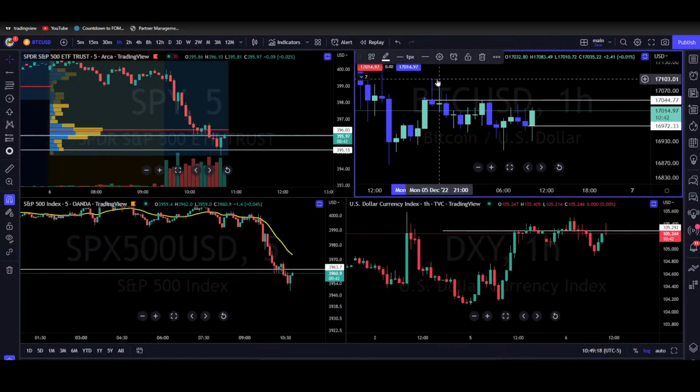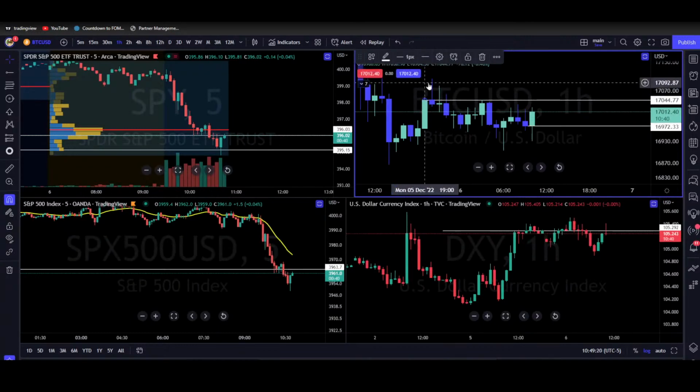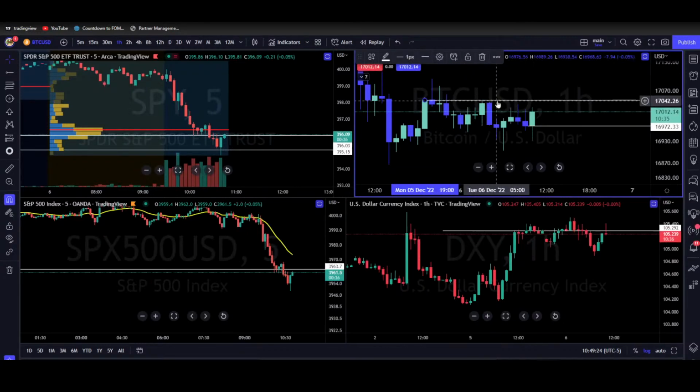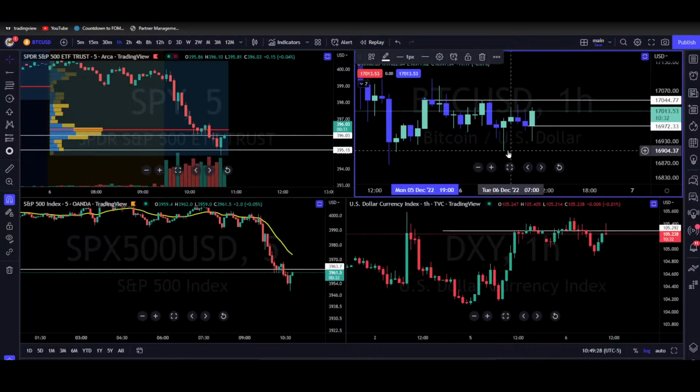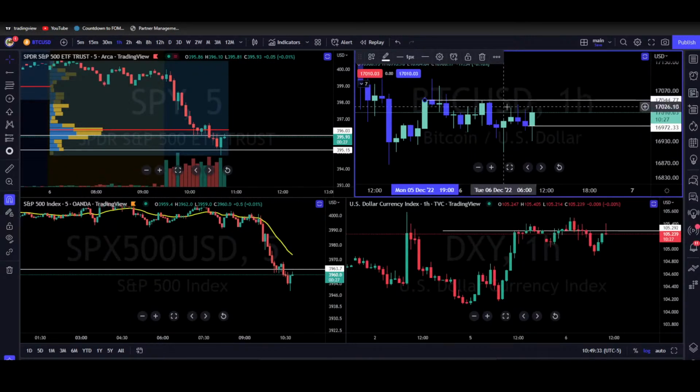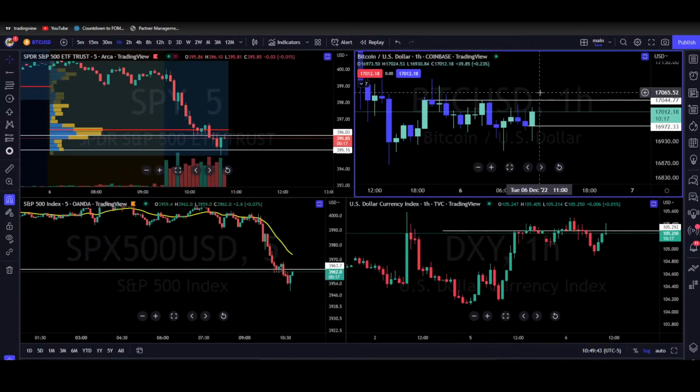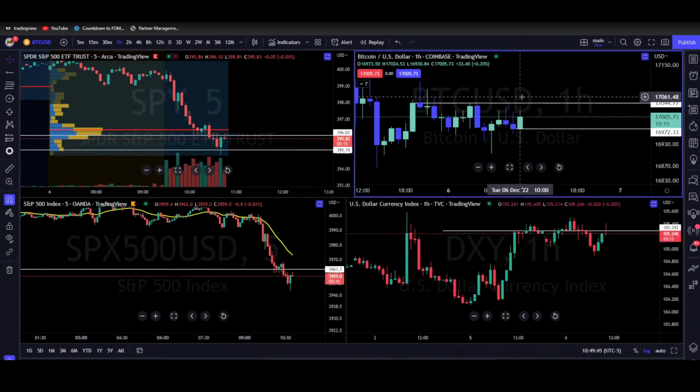This is the high of day, right there. But you set in a near-term top. Then you expanded lower, setting in the daily low. So if Bitcoin gets above this, any London sellers are going to get stopped out. So you could see a pretty rapid expansion to the upside.